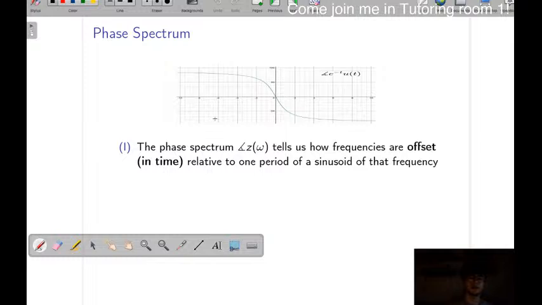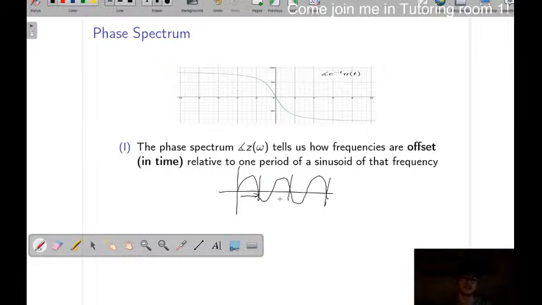But bringing us to the phase spectrum, what this means intuitively is how different frequencies are offset in time with respect to one period. If we have a periodic function and we shift it over by one period, then we get exact copies at each time.